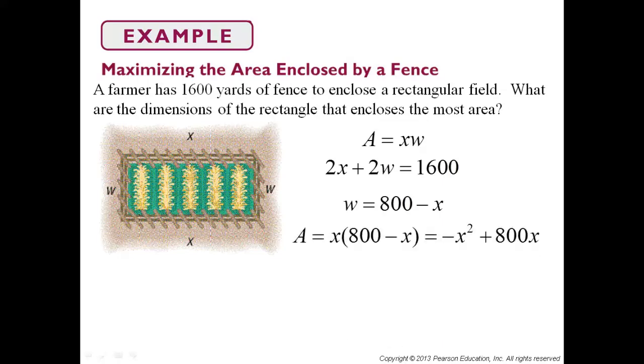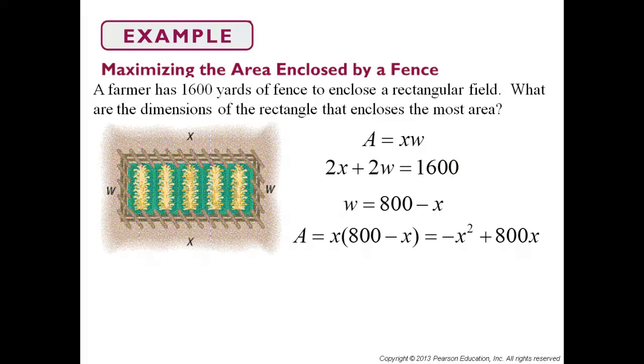So that would mean our area equation becomes X times W, X times 800 minus X. Length times width. Multiply that out, it becomes a what? Quadratic. We want to find the dimensions that enclose the most area. Most implies we're looking for the what?